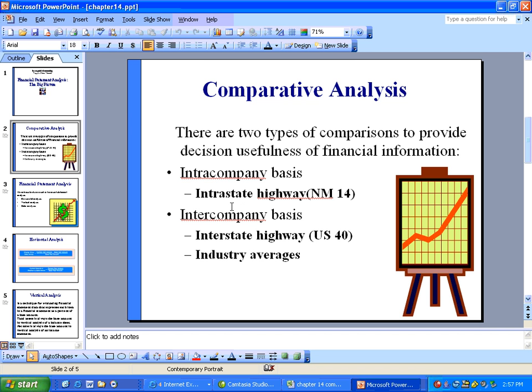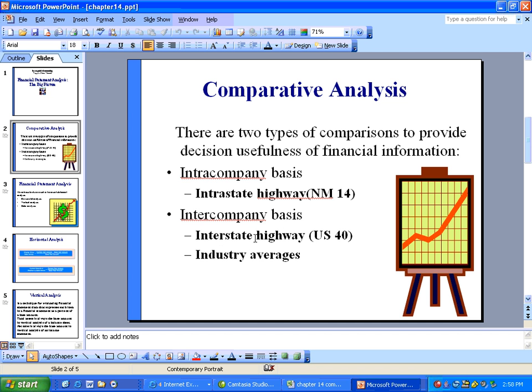But we have a couple of different types of comparisons that we can make. We can compare the data within a company by performing intra-company analysis. And the word intra-company, I like to think of comparing to an intrastate highway. Like here in New Mexico, we have Highway 14, which runs between Albuquerque and Santa Fe. It's wholly contained within the borders of New Mexico. That's an intrastate highway. Intercompany analysis is analyzing a company or comparing a company to other, different companies.